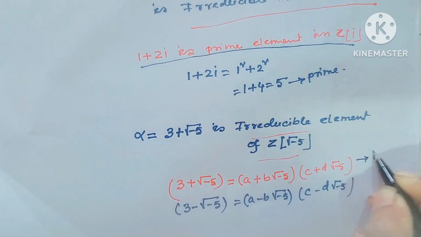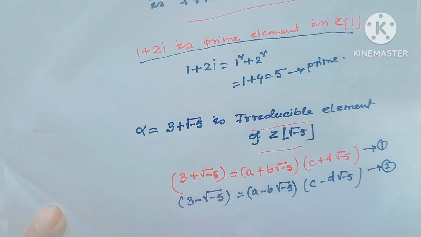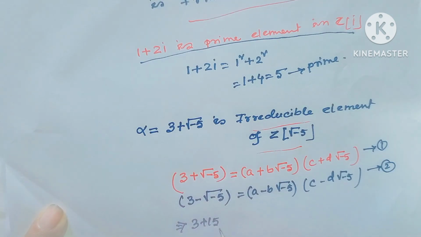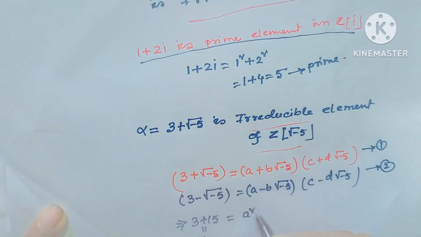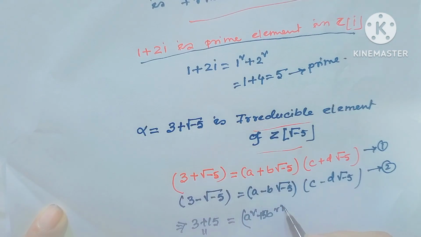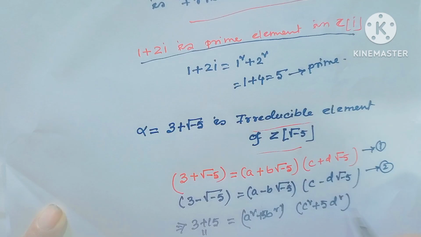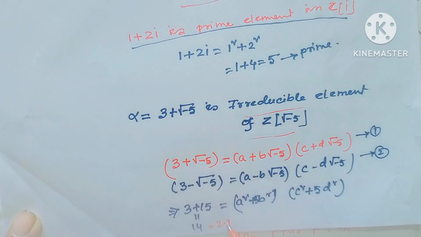If this is 1 and this is 2, multiplying 1 with 2, we get 3 square plus 5, which means 14, equals a square plus 5b square times c square plus 5d square, and 14 is 2 times 7.